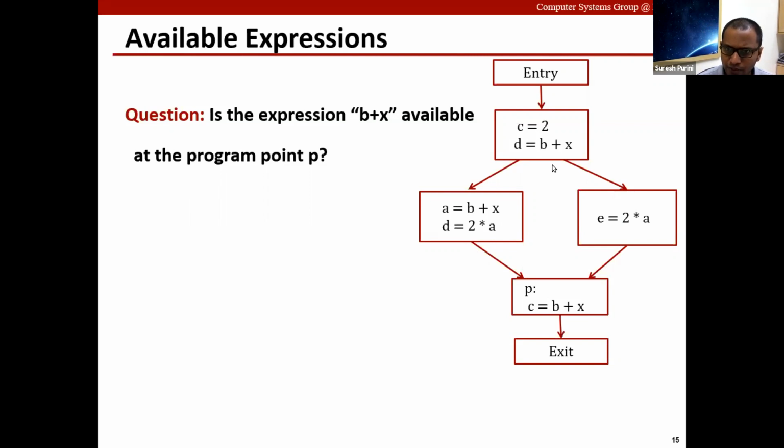If you take this path, the value of b plus x that is computed here will be reused here. And if we take this path, the value of b plus x that is computed here will be reused here. Because of that, the transformation that we would like to do based on this available expression analysis is still valid.